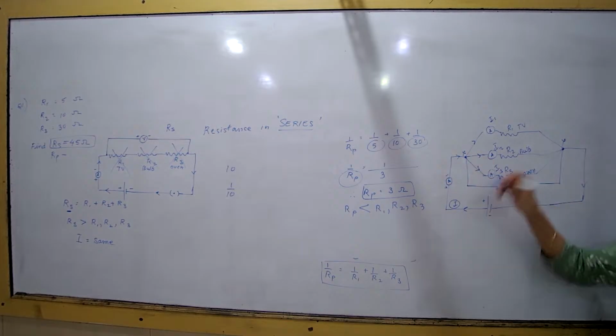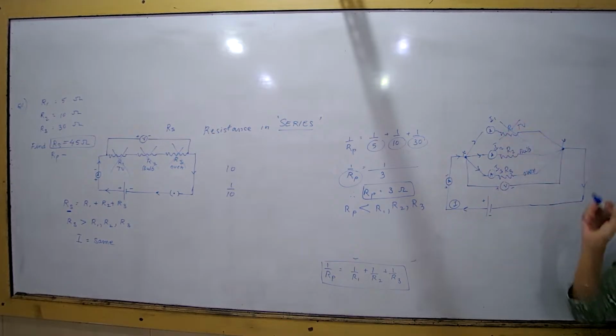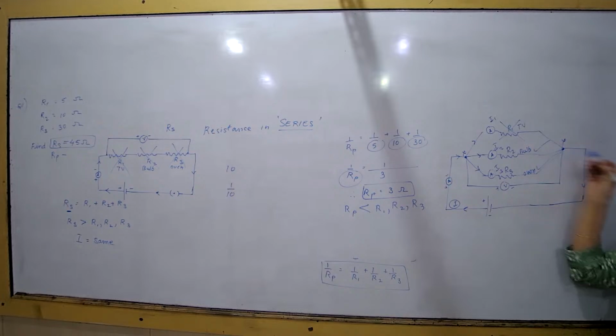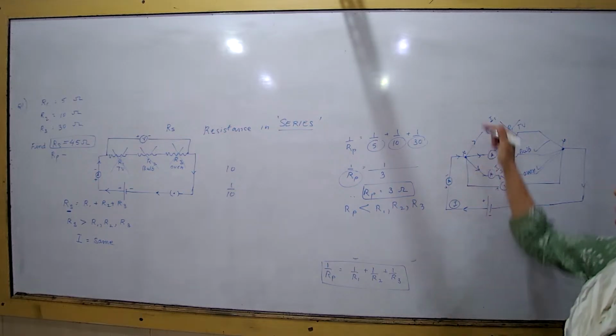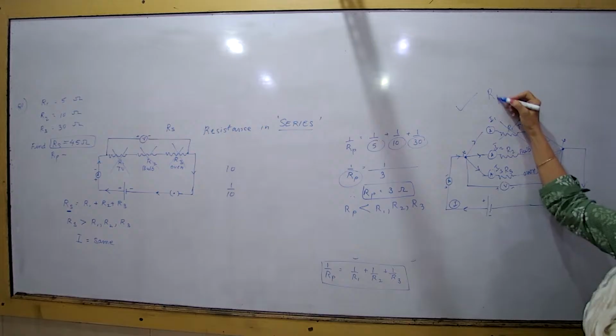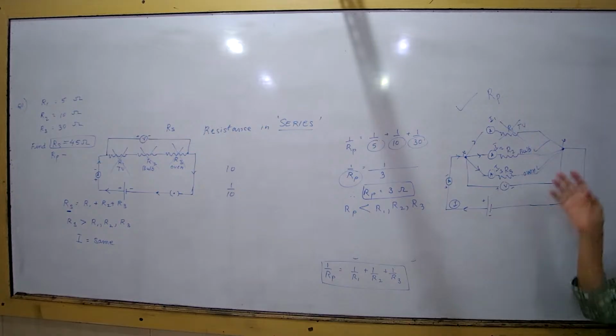Let's say in that case, suppose the TV is not working. What will happen to the bulb and the oven? They will work. So the bulb will work, the oven will also work. So how is the electrical connection done for domestic supply? It's always in parallel. What is the advantage?